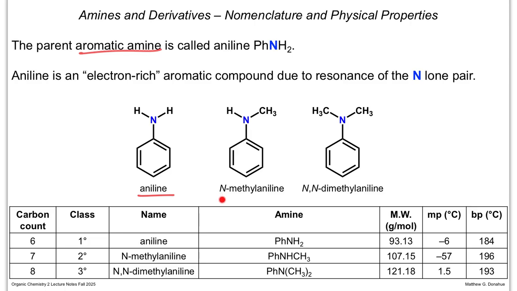Anytime you see this nomenclature with a capital N, whatever comes after it, that group is bonded to the nitrogen. So N-methyl, and then aniline is the parent. Then the last substitution, notice now N,N, there are two N's, then dimethyl, and then aniline is the parent.